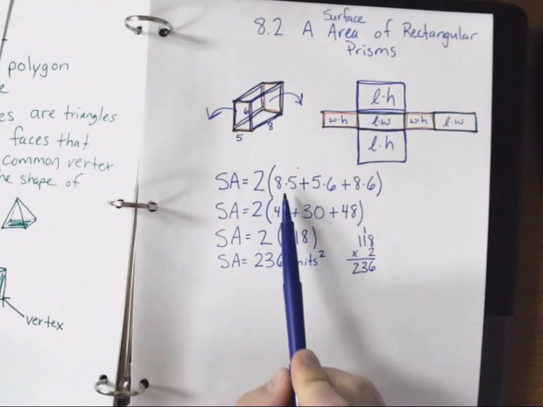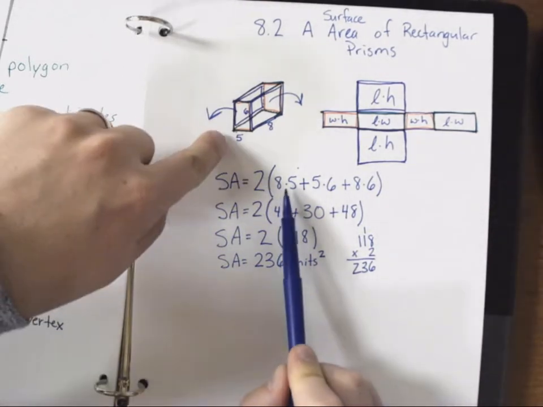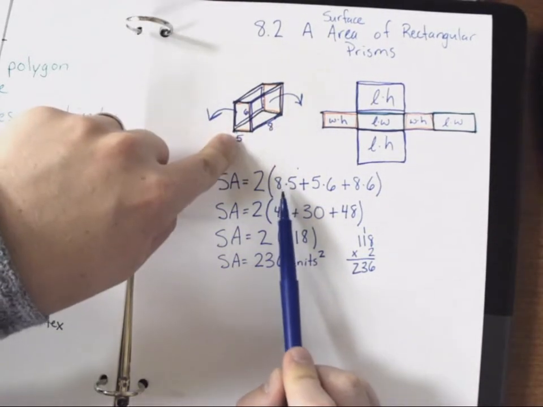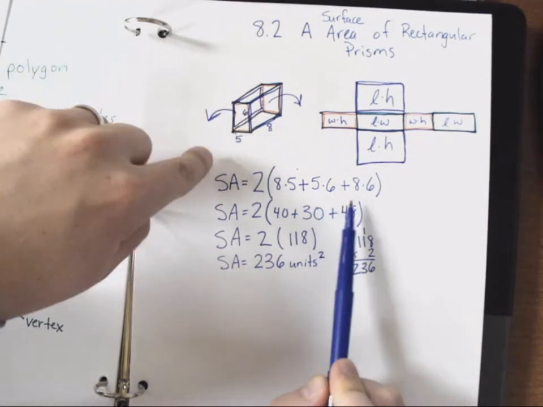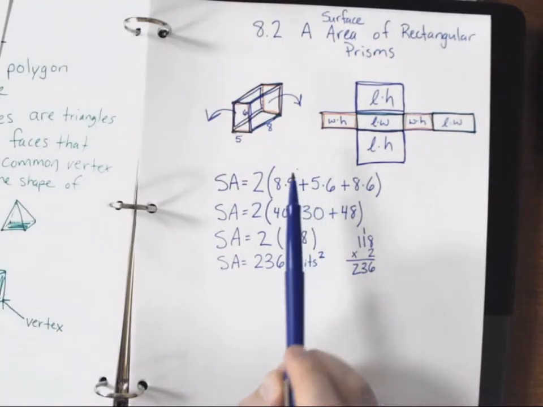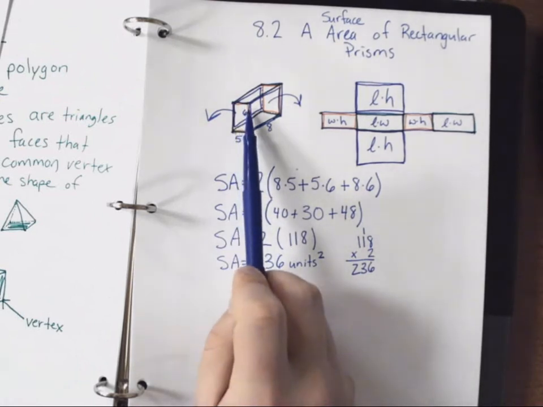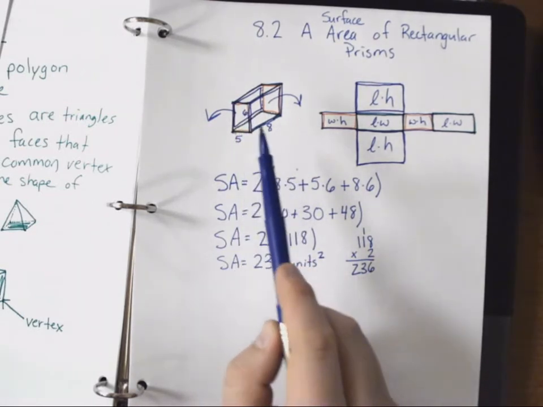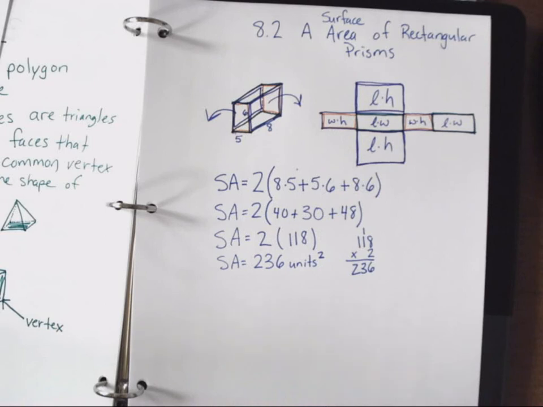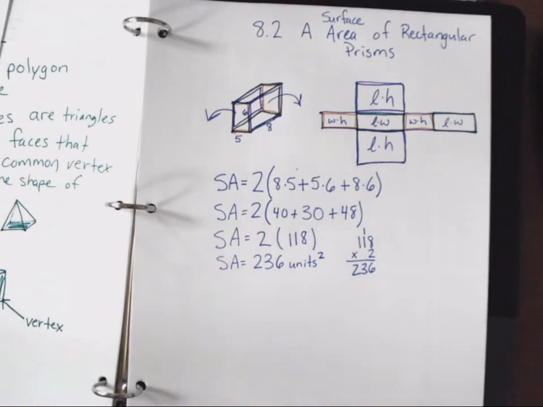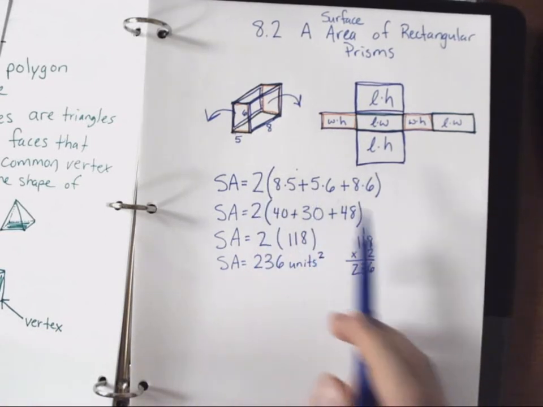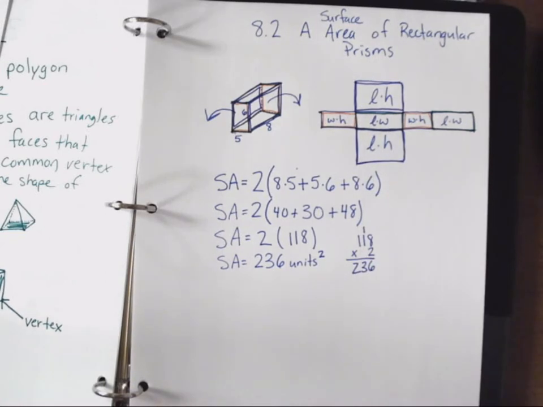So as long as you have 8 times 5, a 5 times 6, and an 8 times 6. So use the two bottom numbers, then use the one bottom number times the height, and then use the other bottom number times the height. As long as you have all three combinations and you remember to multiply them by 2 because there are 2 of each face, then you will be just fine.